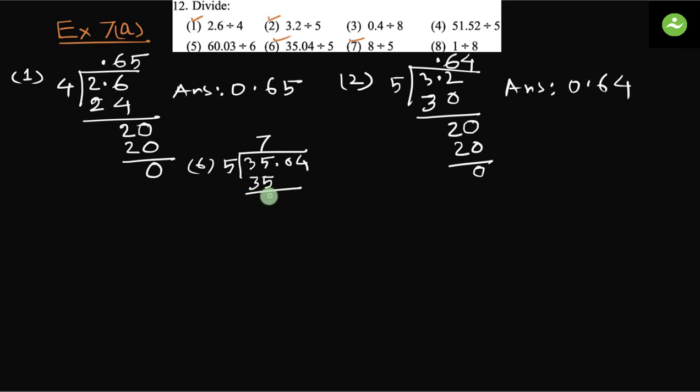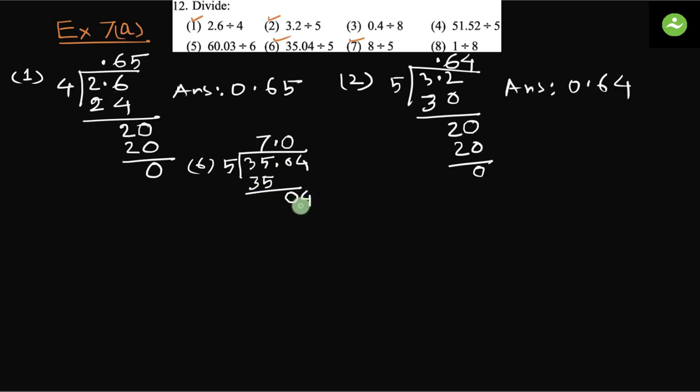Deduct 35 from 35, it is 0. Bring down the next digit. Before you bring down, see here is a decimal point. Put the decimal point here. Now bring down 0. Does it divide? No. So bring down the next digit, but before you bring down the next digit, put a 0 here, always. And then bring down the next digit.